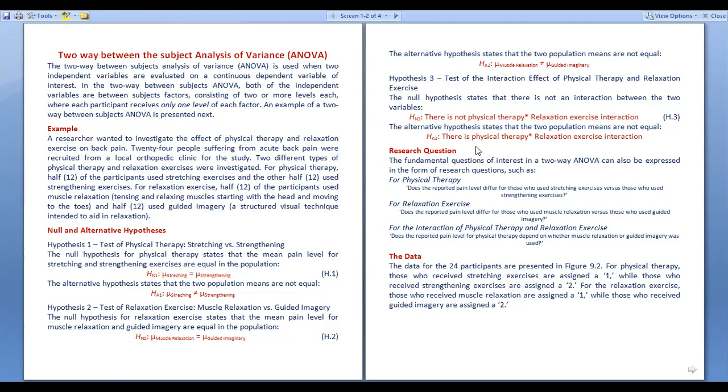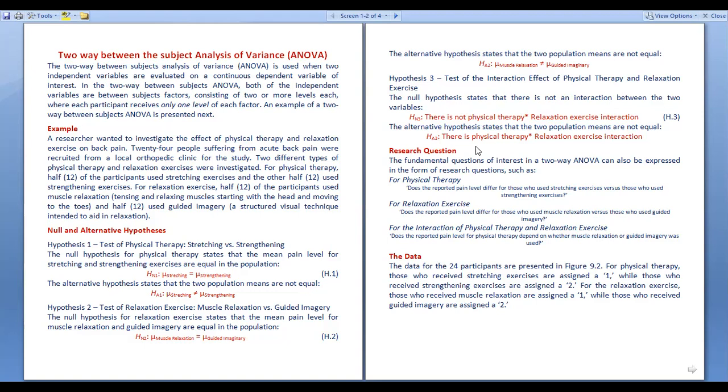So that being the case, we are now coming to the data of the example which we are talking about. We are talking about the back pain level of people. We have got 24 people at present, and they are going through two types of therapies and exercises. One is physical therapy, and second is relaxation exercises.